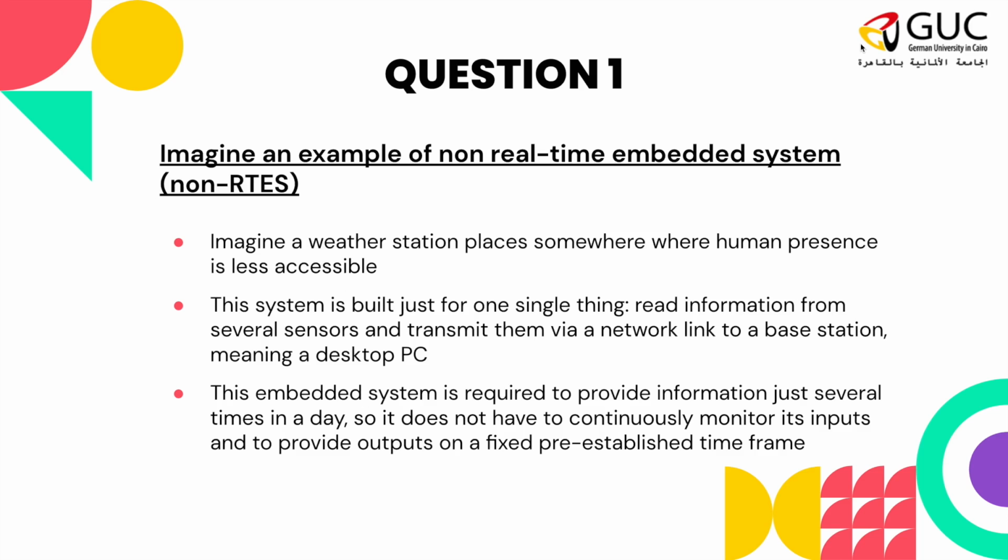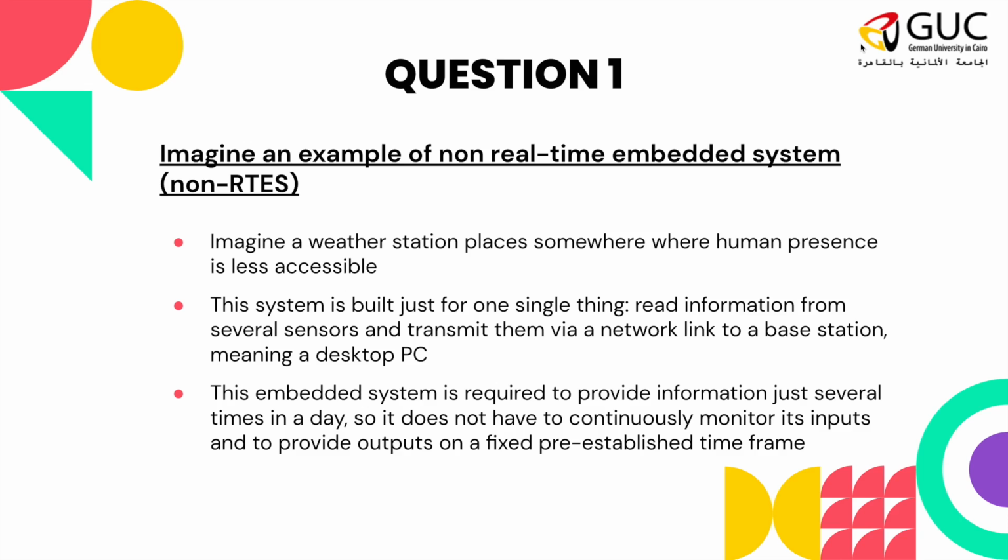Therefore, this embedded system will wake up, for example, every 5 or 6 hours, read the data using the sensors, and then transmit it to the desktop PC or to the weather station headquarters in the city, and then it will sleep again. So if something occurs in the environment around the weather station, will the sensors be listening to it while it's sleeping?